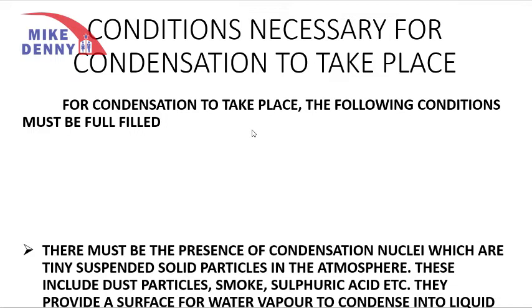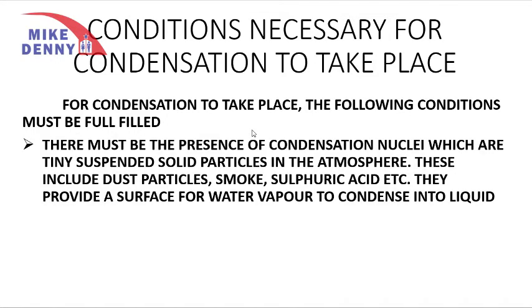These are tiny particles which are suspended in the atmosphere, and they include dust particles, smoke, sulfuric acid, amongst others. And the role of these condensation nuclei is that they provide a surface which water vapor can use in order to condense into liquid. I repeat, they form a surface.